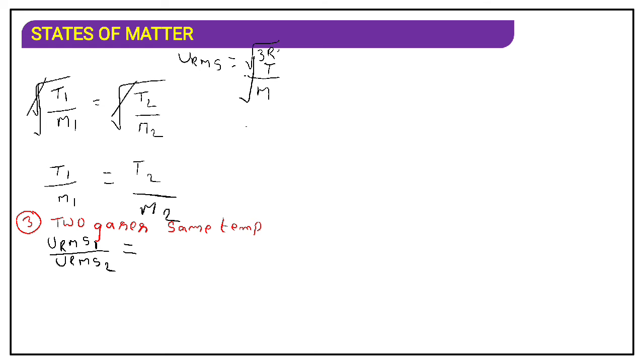Two gases having same temperature means 3 is a constant, R is a constant, and T is a constant. Then what is remaining is M. Then square root of M2 divided by M1. Okay?